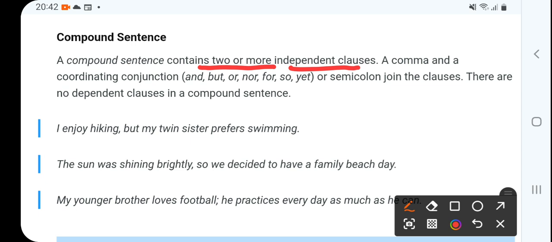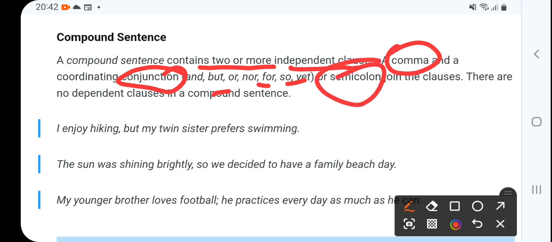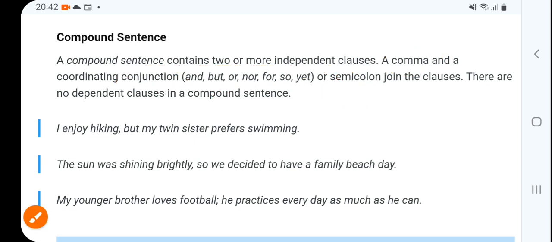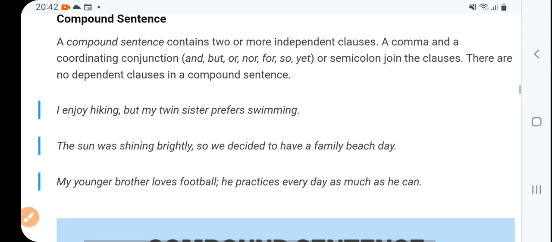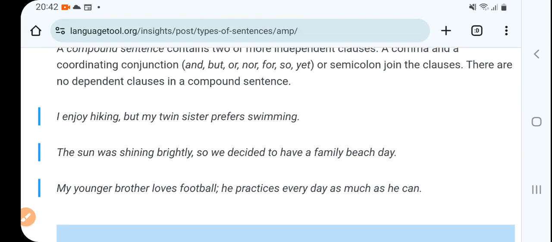Or a semicolon can join the clauses, either a comma with a conjunction, or a semicolon.